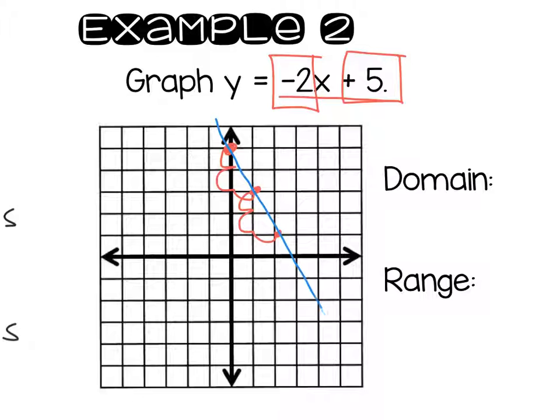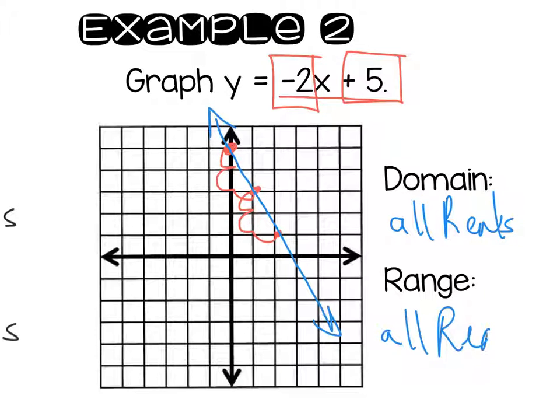We'll draw a line through those points and put arrows on it. Because the arrows are there, it's saying that it goes left and right forever and up and down forever. So our domain is all reals and our range is all reals. And you'll find for all linear functions that will be true. The domain and range will always be all reals.